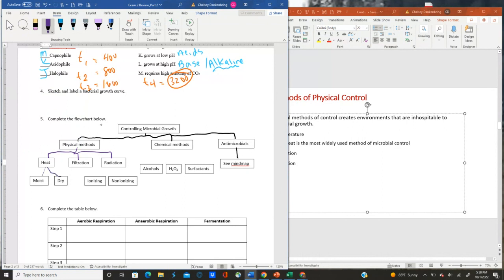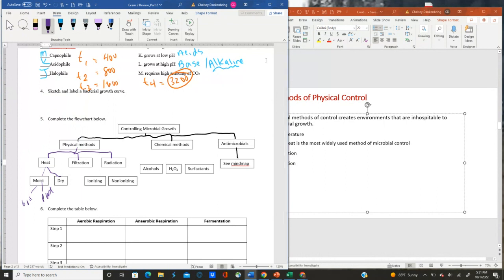And from here, you could say, okay, moist heat, boiling, right? We talked about pasteurization. So you can build it out that way. Same with dry heat: ovens, Bunsen burner, okay? So again, I was just trying to get this started for you as a jumping off point to talk about. Jordan, did you want to mention your question?